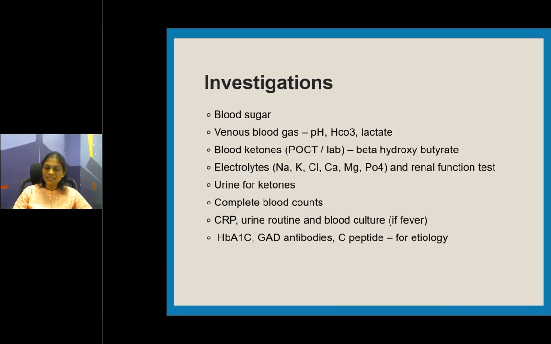It is a bedside test, and these point of care test results have been comparable with the lab reports. The other things which we follow are the electrolytes, because of the osmotic diuresis there are plenty of electrolyte disturbances. We also check the urea and creatinine to understand the renal function, and urine for ketones.